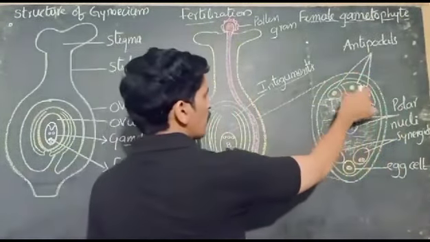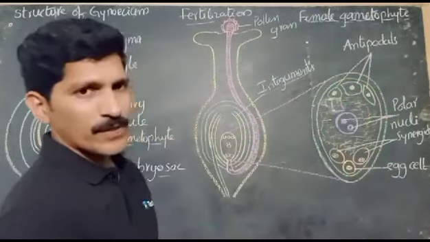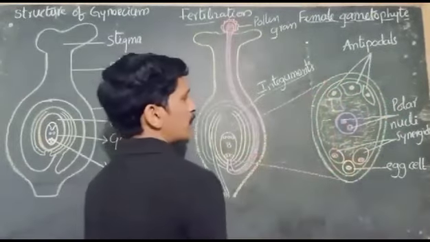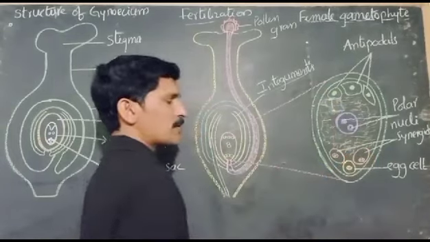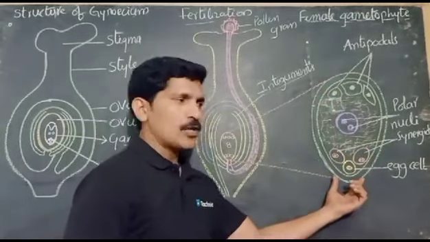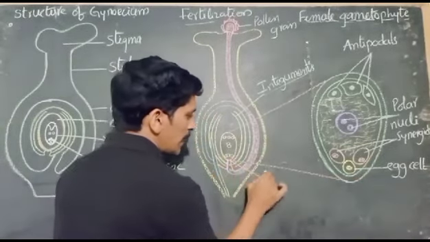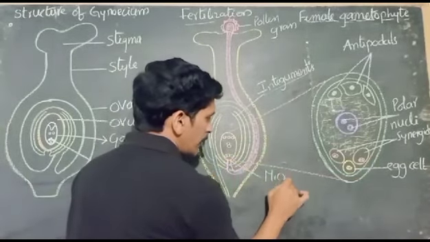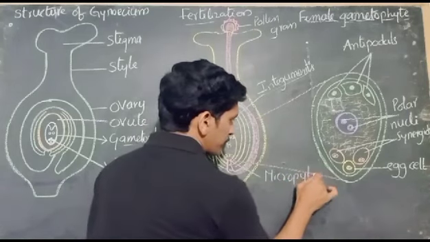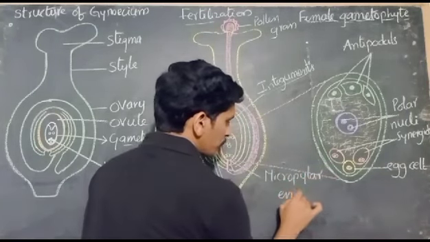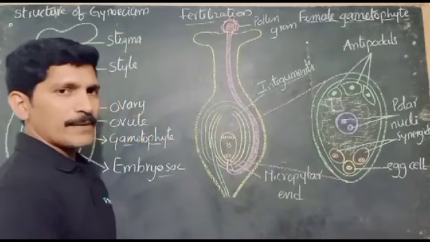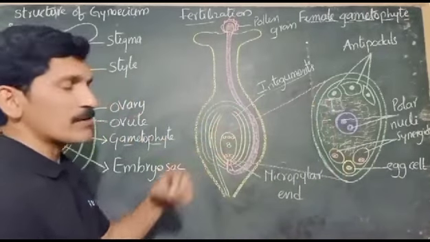When you zoom in, the female gametophyte contains 7 cells. Three cells move to the top of the female gametophyte, and 3 cells come to the lower side. This lower side is called the micropylar end. After 3 mitotic divisions, the 7 cells are formed here.